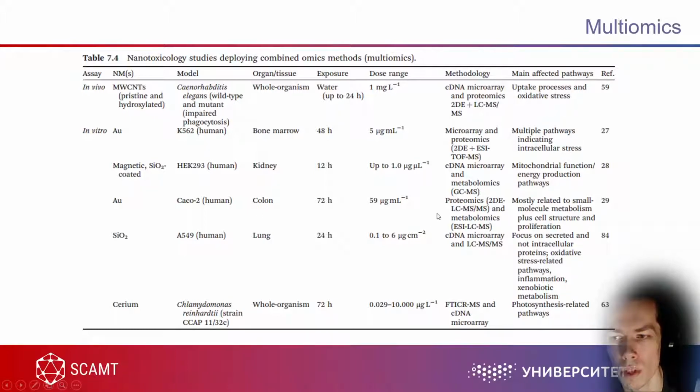But in most cases, some of these results can be obtained very easily just using some fluorescent staining, some in vitro metabolic assays and so on. So yes, it's powerful, but you should not hope to obtain something outstanding using this approach. It just will give you more details and of course consume a lot more money.